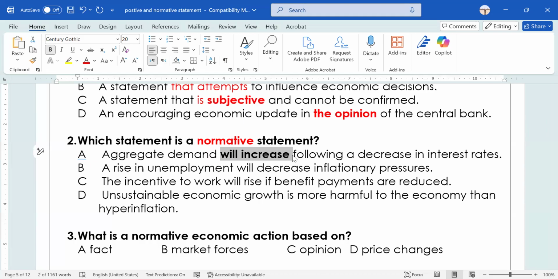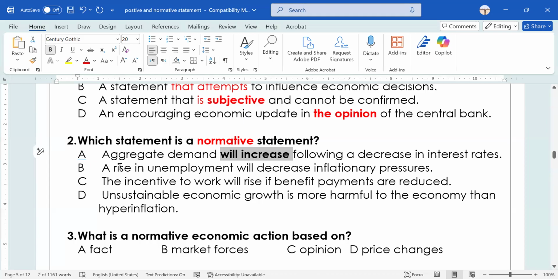What's going to happen following a decrease of interest rates? Lower interest rates make borrowing cheaper, so the people spend more. So letter A is not a normative statement. It is a positive one, because there's a prediction.